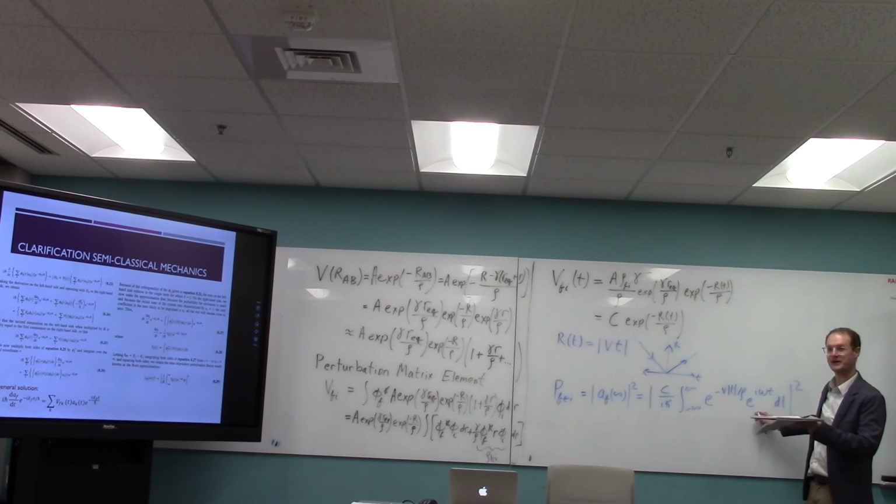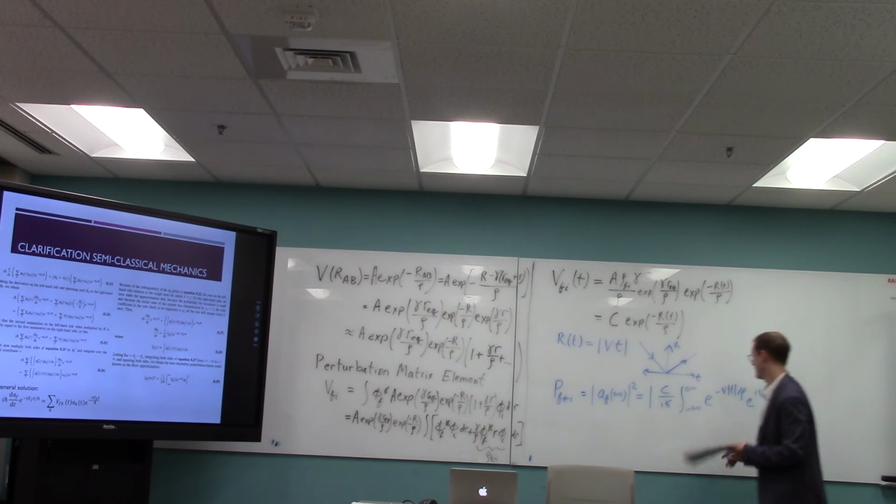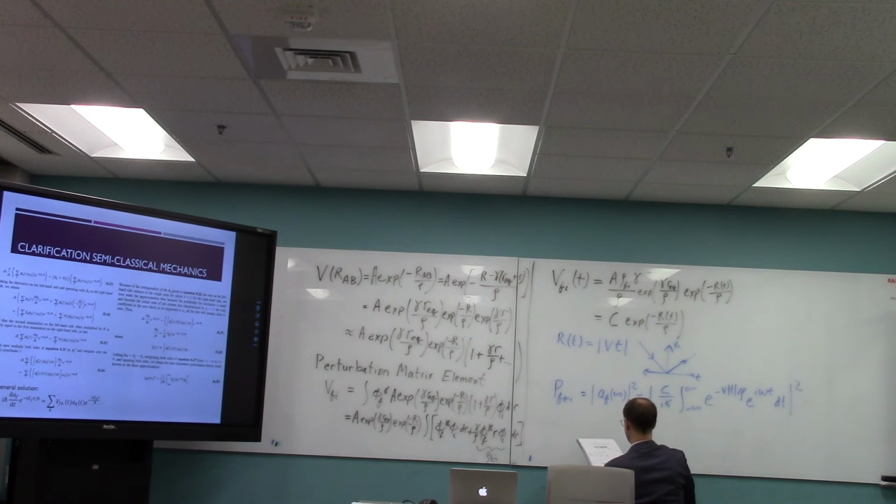So what do these two factors look like? Well, if you plot this one, e to the minus v t over rho versus time, basically this is an exponential decay, a two-sided exponential decay function, right?